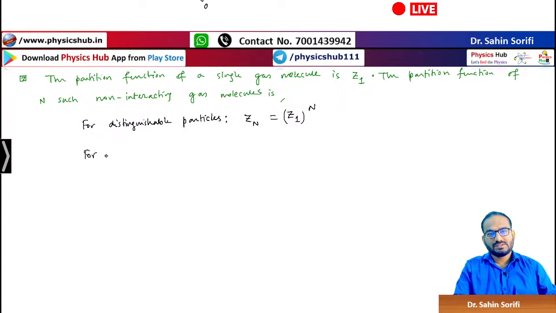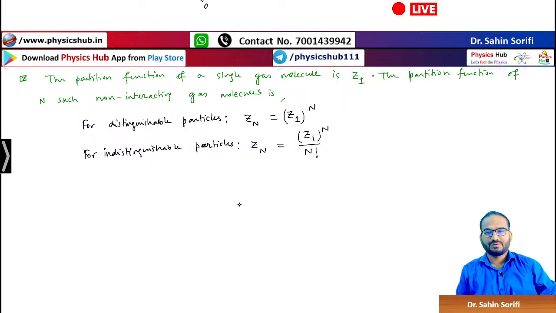Now, if you consider indistinguishable particles, which we cannot differentiate by looking at them, they are all looking identical. It is impossible to differentiate. For example, electrons, fermions, those are indistinguishable particles. For them the partition function formula for n particles will be Z1 to the power n, as usual, but there will be n factorial in the denominator. So you must keep this in mind.